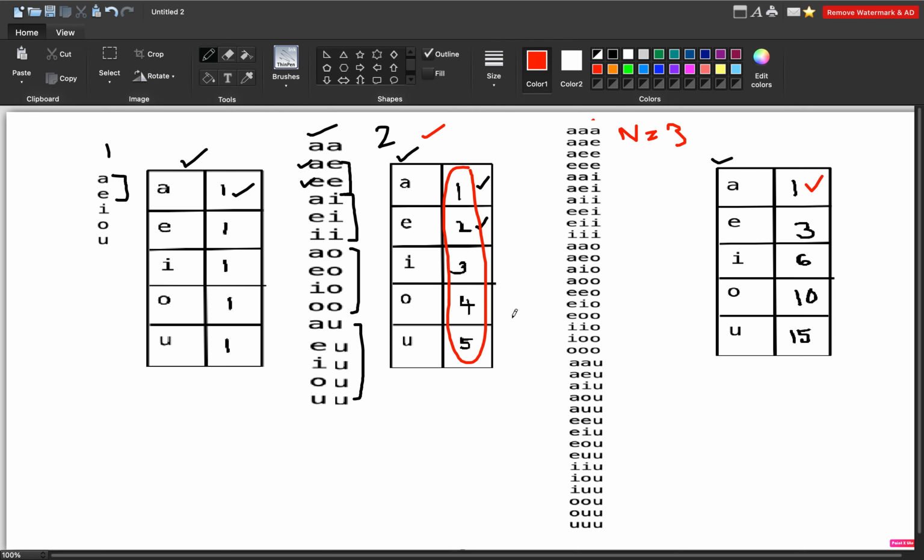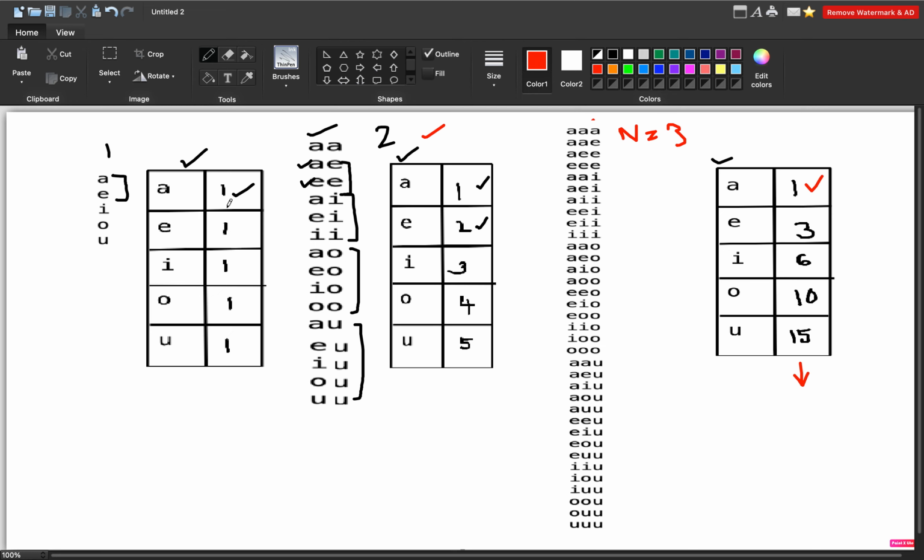So you observe this, but we have to return the total number of strings, so our answer will always be the summation of all these values: 1, 3, 6, 10, 15. What they add up to will be our answer.